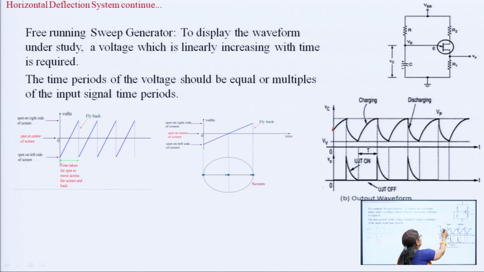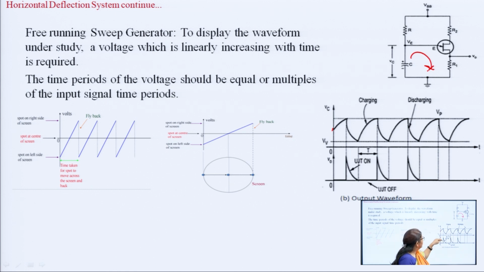When the voltage at capacitor C, VC, is equivalent to the voltage that is required to switch on the JFET, at that time the JFET will switch on, and then it will draw current from the capacitor.